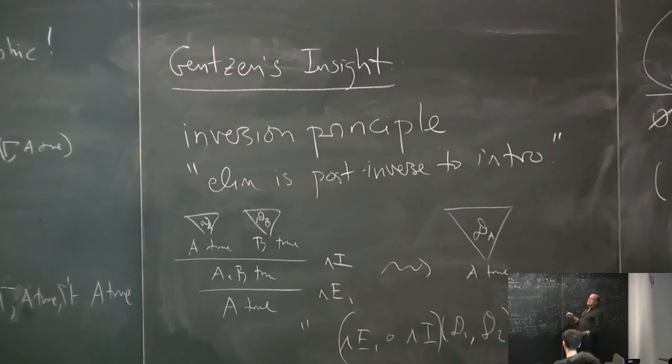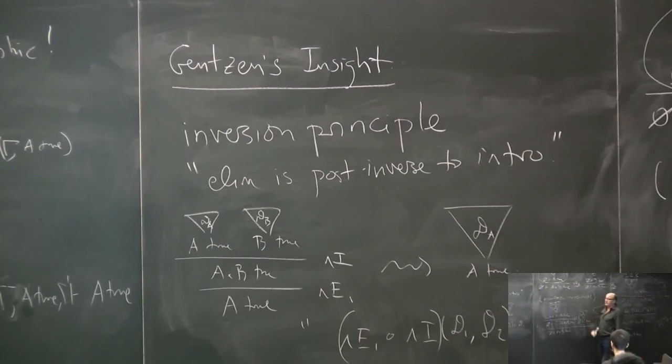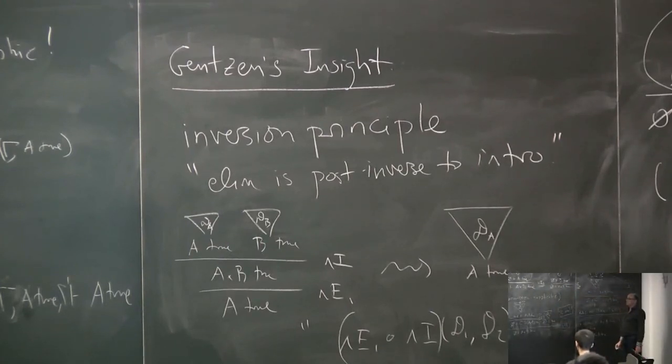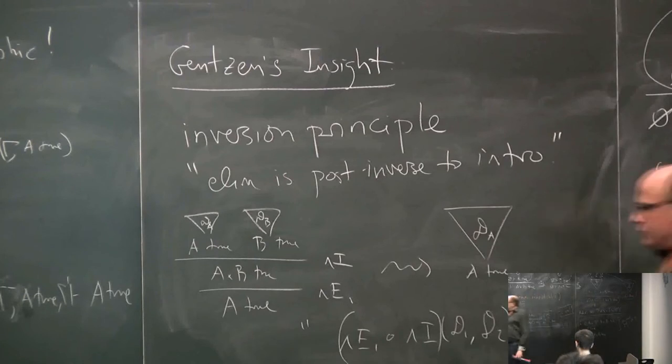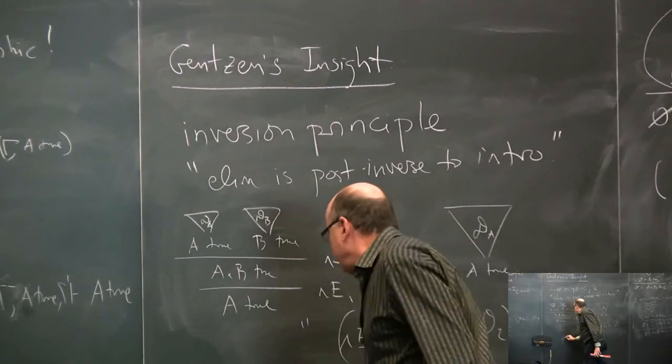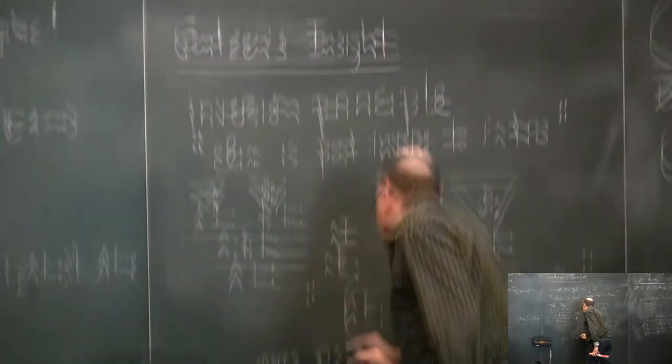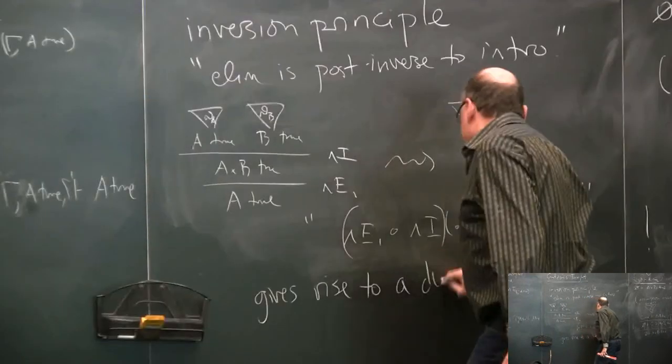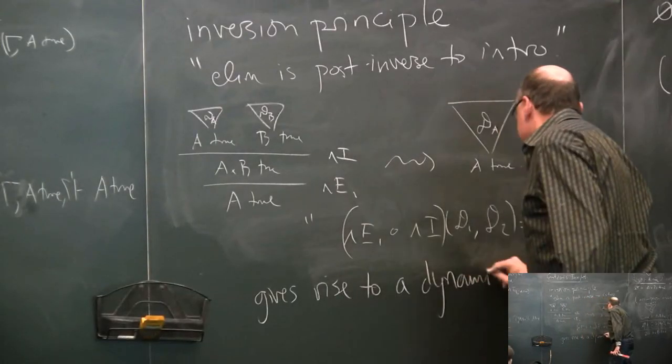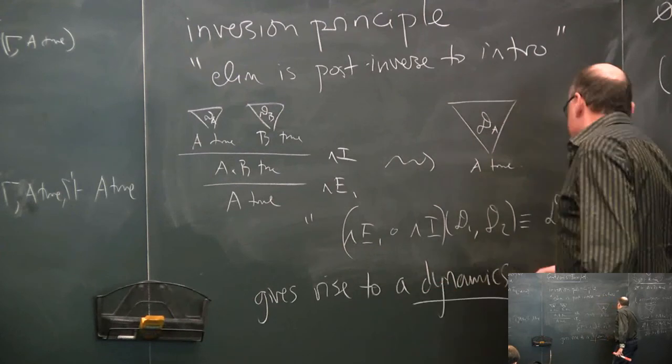Now if you look at all the direct proofs of a disjunction, the only ones there are must end with or-introduction 1 or 2. And in that case, I have the required derivation implicit in the proof. So that is the idea. So what it does is it gives rise to a dynamics of proof. So this is the fun thing, a dynamics of proof.